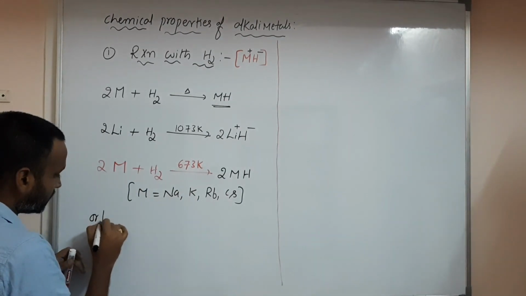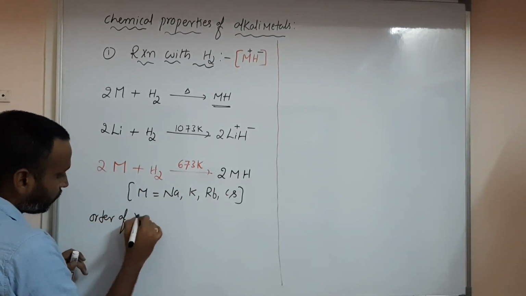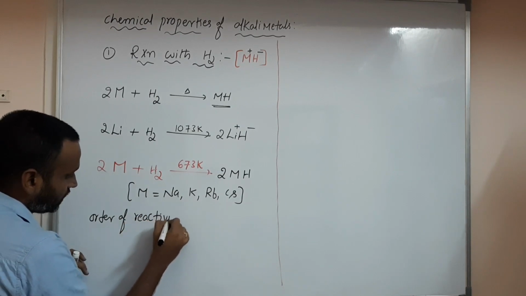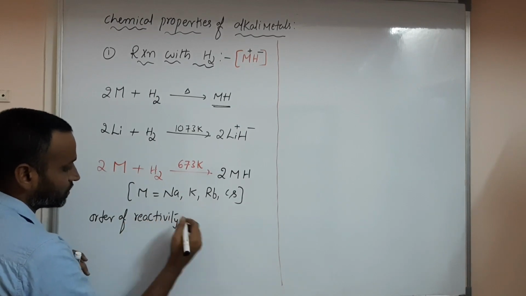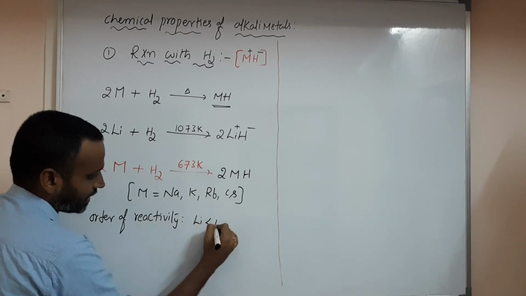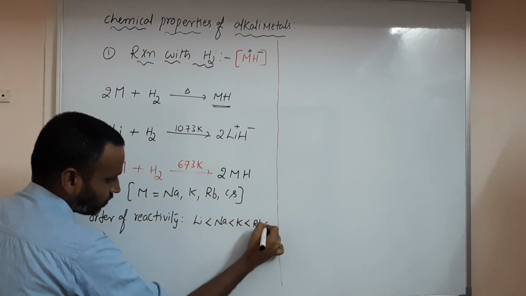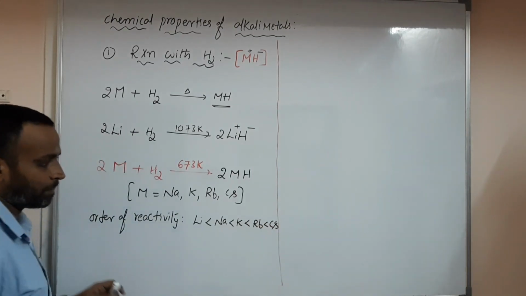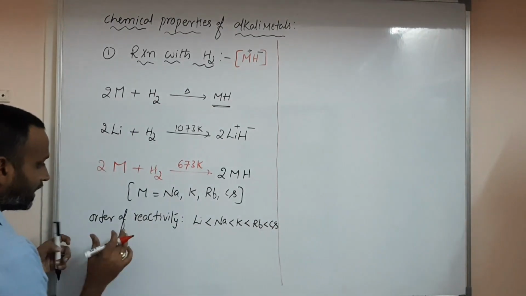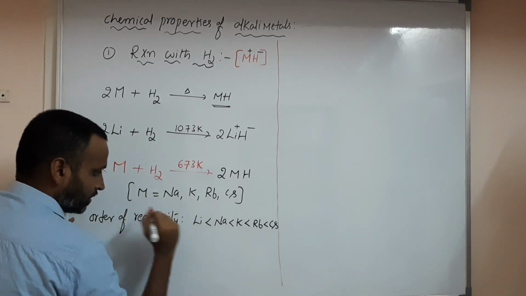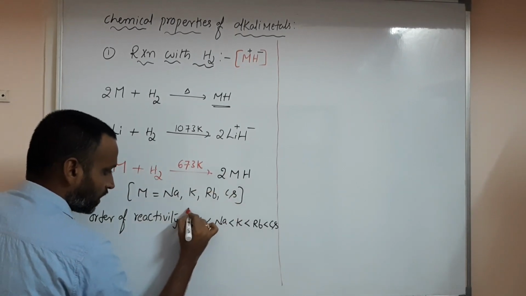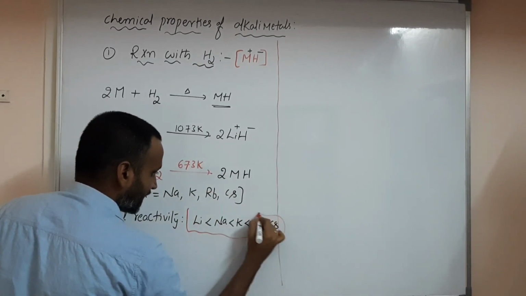What is the order of reactivity? Lithium is less than sodium, less than potassium, less than rubidium, less than cesium. They form hydrides with the formula MH, and this is the order of reactivity.